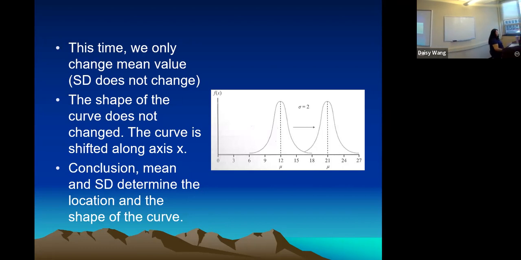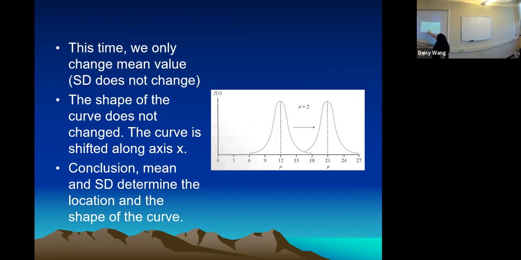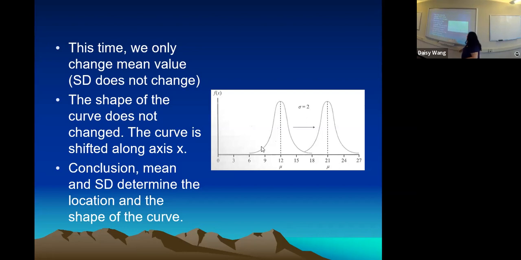So how do we identify how many percent is this area? How many percent is that area, if it's a different shape? So we need to standardize the bell shape.